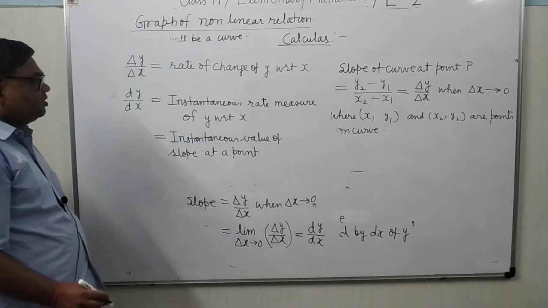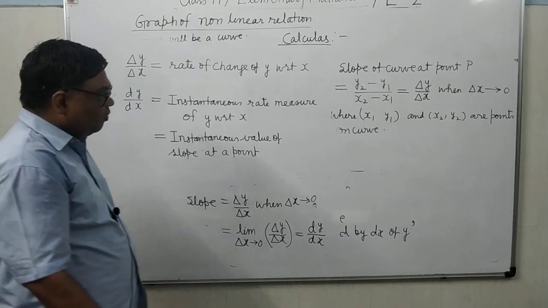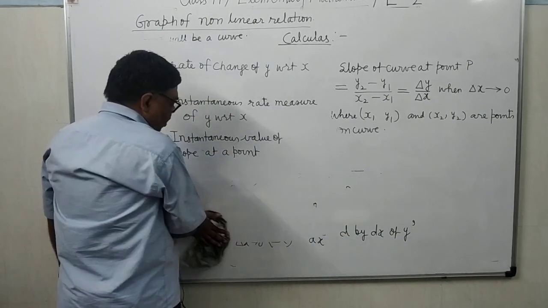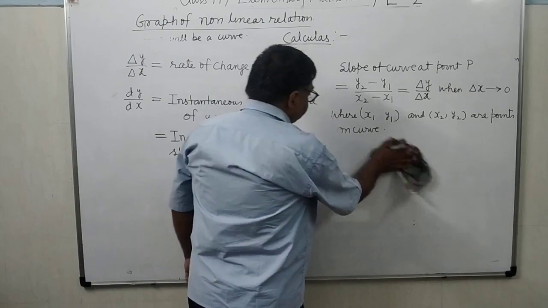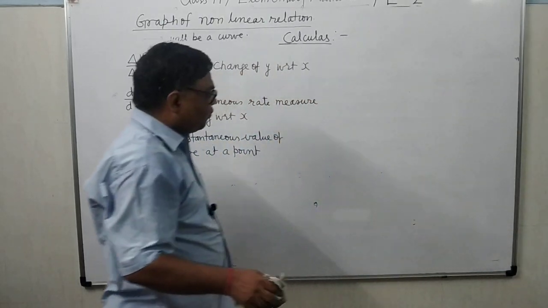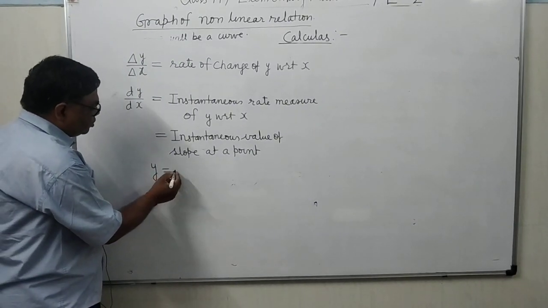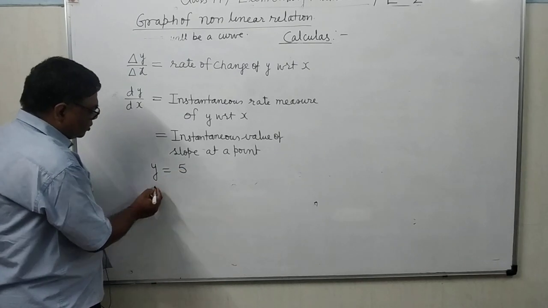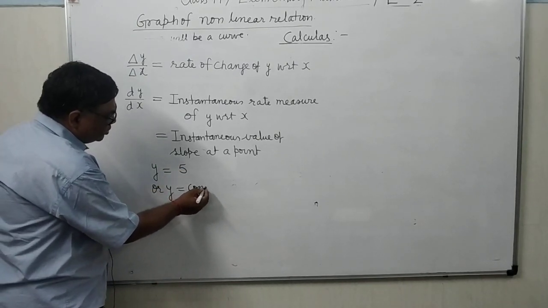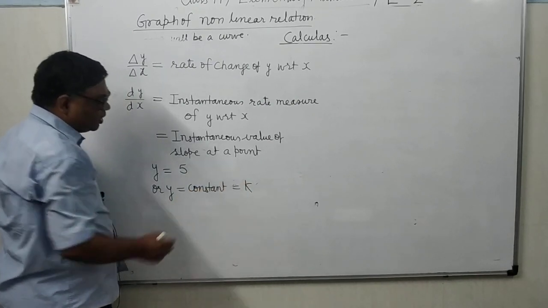It is clear? This is d by dx of y. Now see here, we will calculate this d by dx of y in some cases. Suppose there is a function like this, y equals 5, or in general form y equals some constant, k.